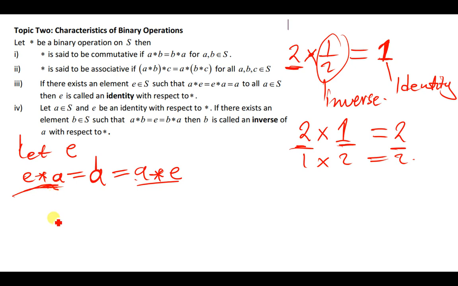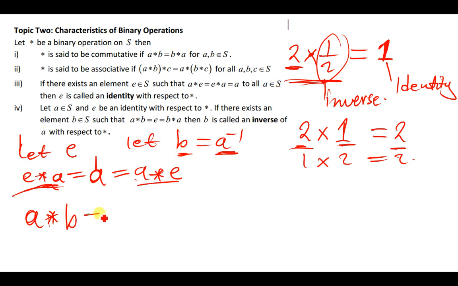Now, how do you find the inverse? Let's say B becomes A inverse. If A inverse is equal to B, then remember what I said here, the inverse with this element. If our element is A and you star the inverse, so if we find A star B, the answer that we are supposed to get is an identity element.